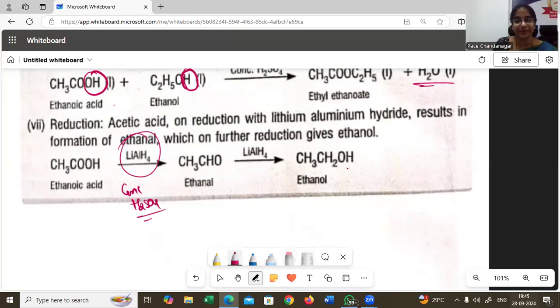So that's the reason we are not using that. Yes, we can use it, but for a given temperature. So the best reducing agent here is LiAlH4, lithium aluminium hydride. It supplies hydrides, and then OH minus and all these come out.